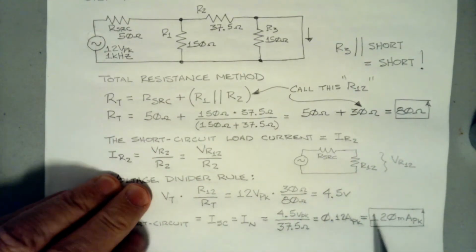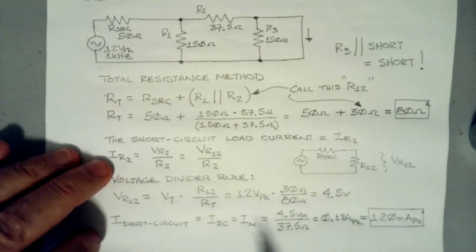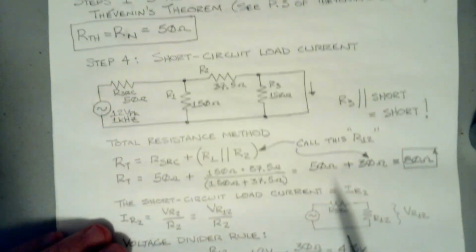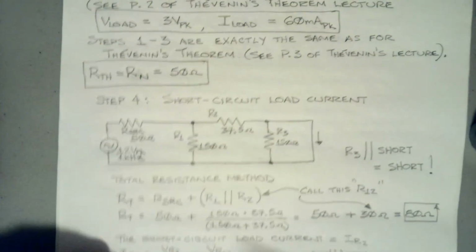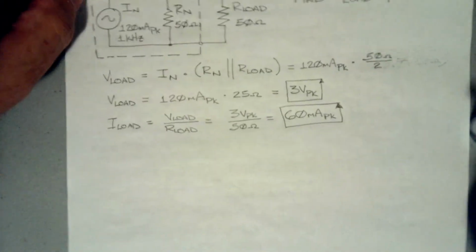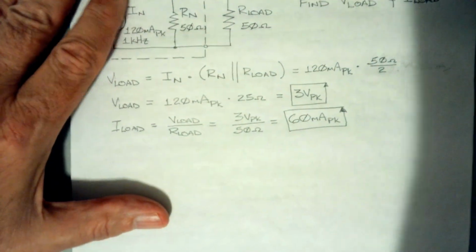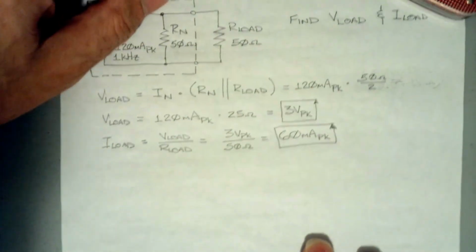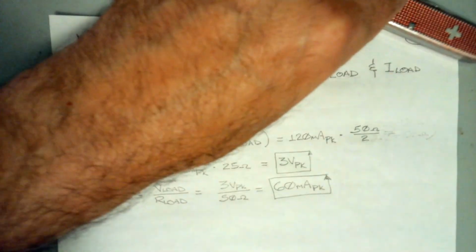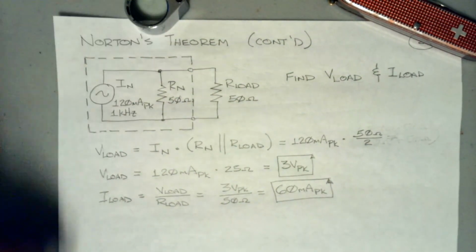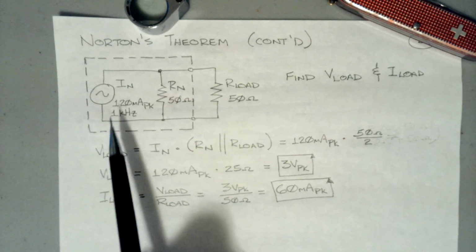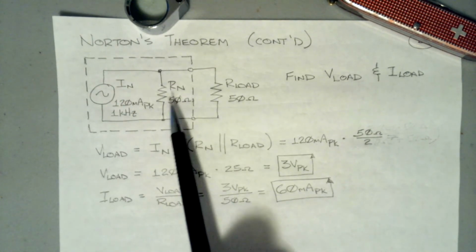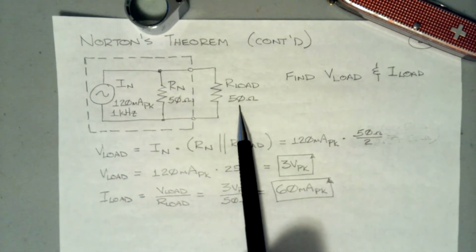So now we have the short circuit current, which is going to be our Norton current, and our Norton resistance is 50 ohms. So we can build our Norton circuit up here with a 120 milliampere I Norton and a 50 ohm R Norton, and our load is 50 ohms.